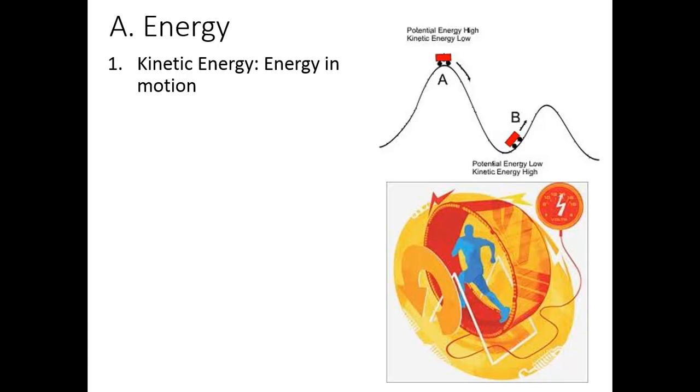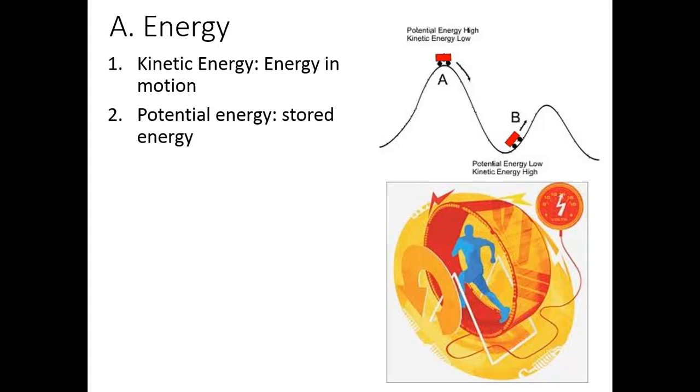Energy can be broken up into two main components: kinetic energy, which is energy in motion, and potential energy, which is energy that is stored. Now, energy is stored in the food that we eat, or in other macromolecules that we covered in previous chapters.